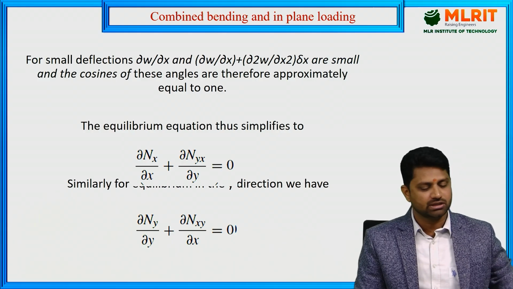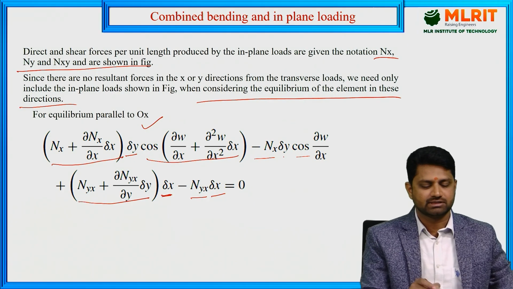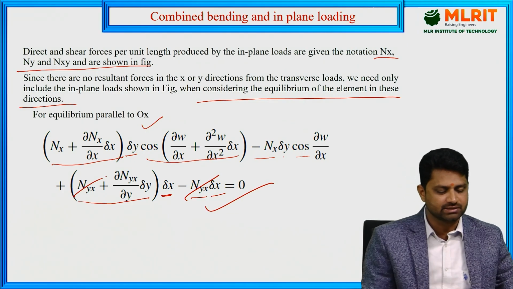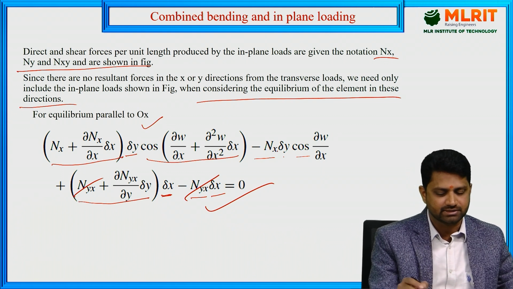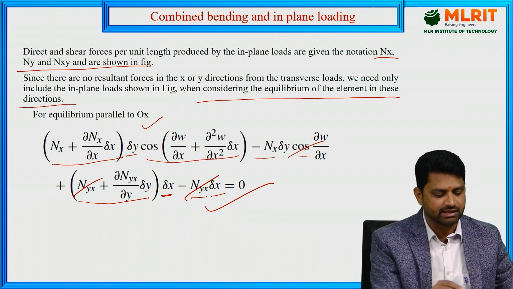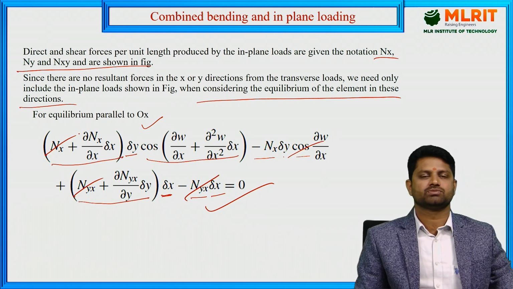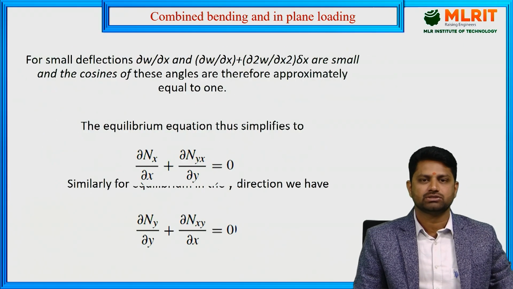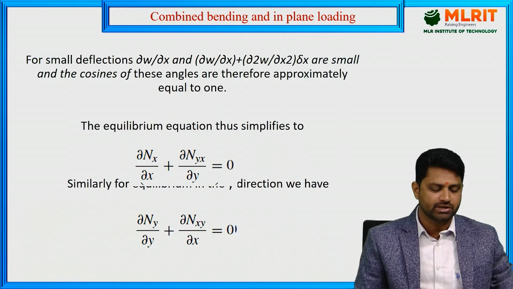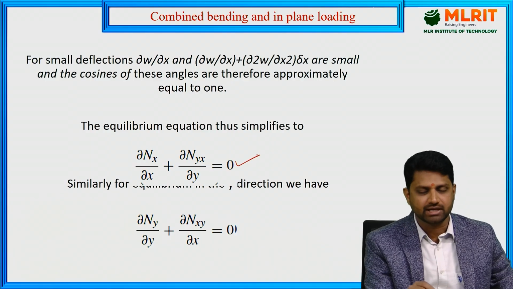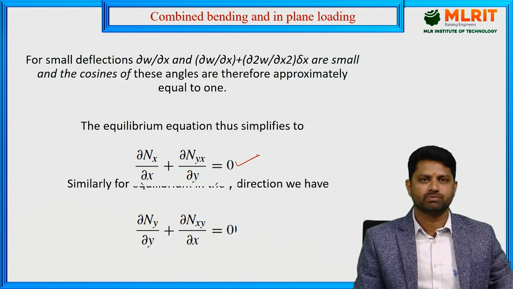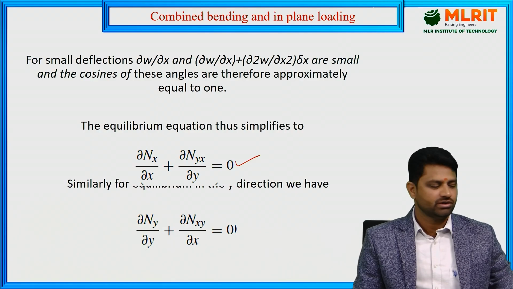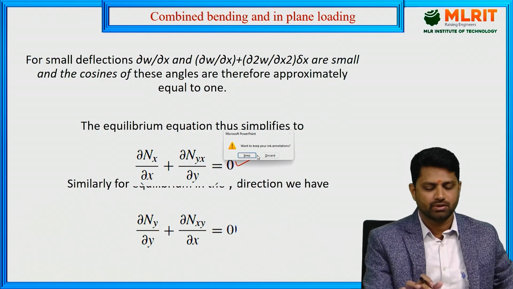Now in this complete equilibrium equation, this is going to cancel, and Nx is also going to get cancelled with the Nx term, and you are left with the increments, as you have only very small angles. So the equation now reduces to dou Nx by dou x plus dou Nyx by dou y equal to 0. This is the equilibrium equation which we have considered parallel to OX axis.